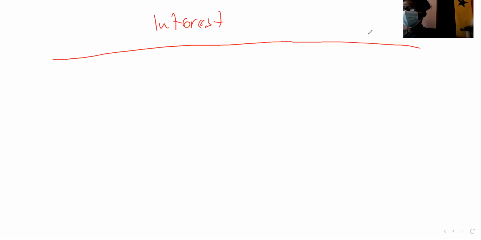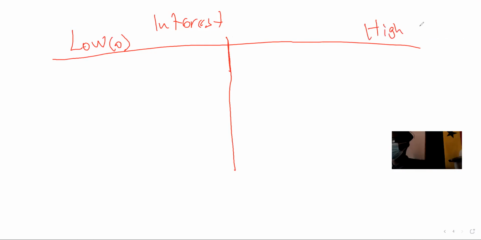So let me write the interest here. And don't forget that the interest can be high or low. Do you agree that the interest can be high or low? So the interest can be low. What's the rate? 0. Interest can also be high. What's the rate? Positive 10. If I'm here in the middle, I don't know whether I have interest or not. Those people are confused. They don't know whether they have interest or not.